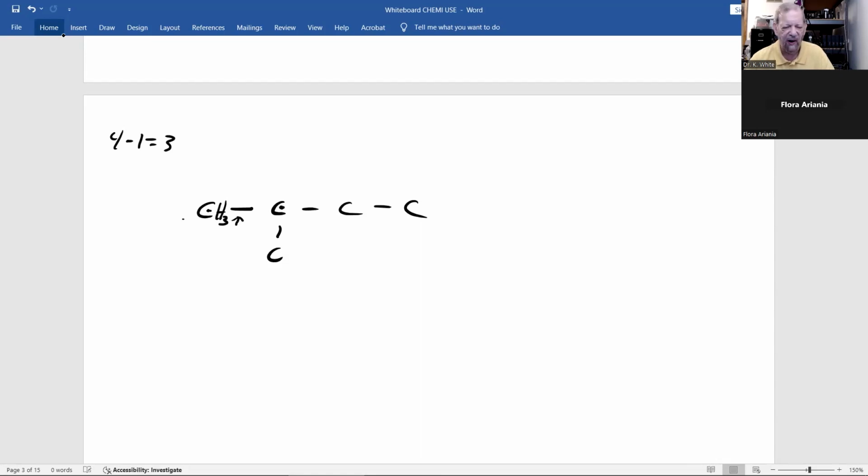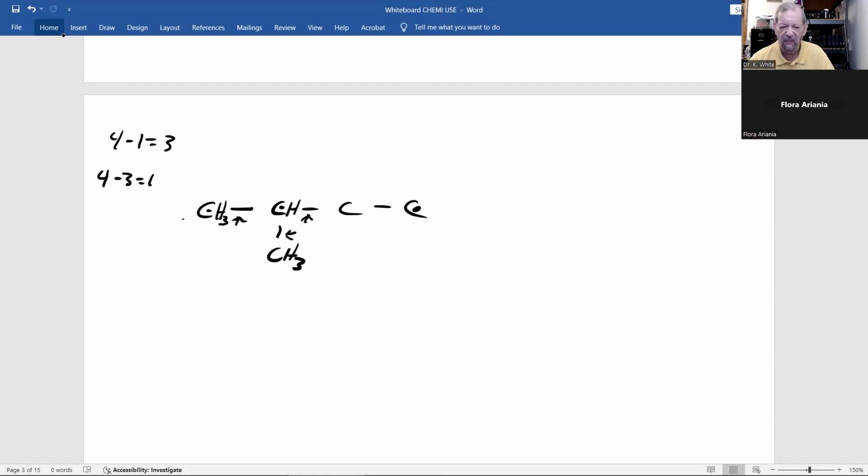This carbon now has 1, 2, 3 bonds to it. 4 minus 3 equals 1. So this has a hydrogen. This carbon has 1 bond to it. 4 minus 1 is 3, so 3 hydrogens.